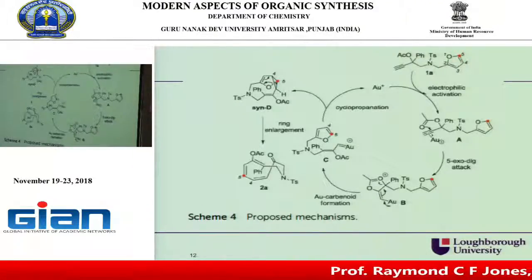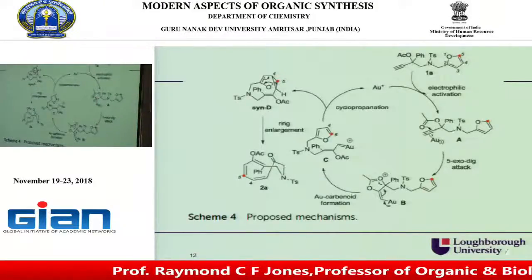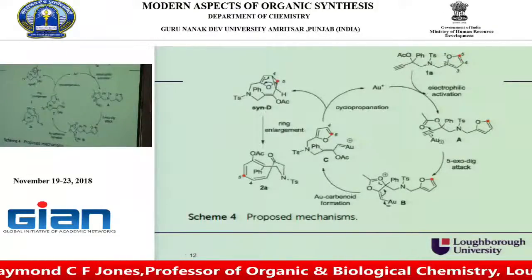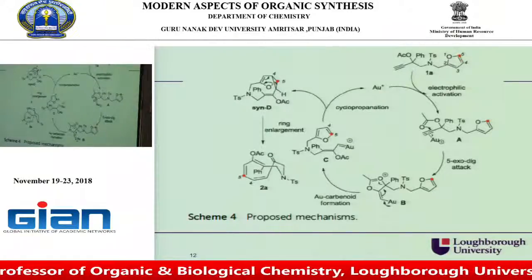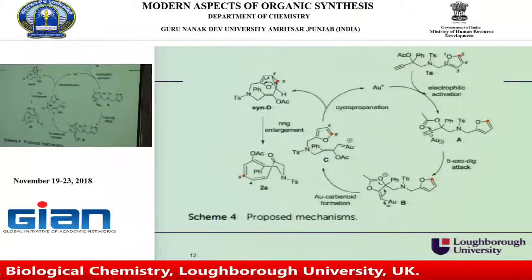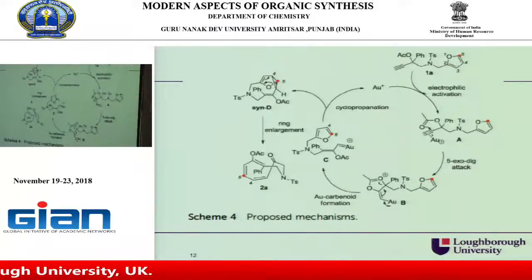And yes, you are still getting gold complexing to the alkyne and giving electrophilic activation. The nucleophile that's adding to the alkyne is the neighbouring group, so it's a neighbouring group participation. That was the bit that I hadn't realised till I saw this. So forget all the rest of this stuff, this is a different example.